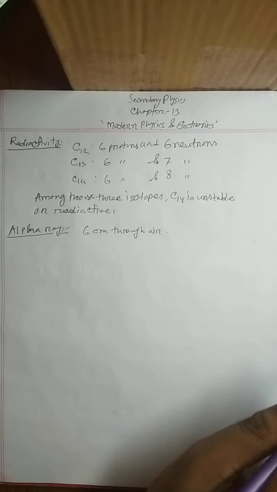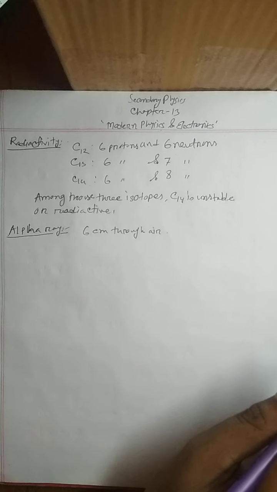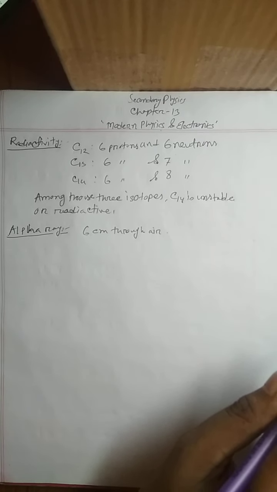When an alpha particle comes out from a large radioactive nucleus, the atomic number of the nucleus reduces by 2 and its mass number is reduced by 4, because an alpha particle consists of 2 protons and 2 neutrons.